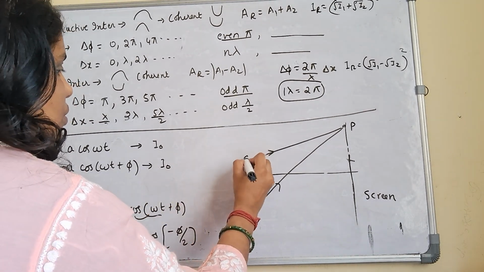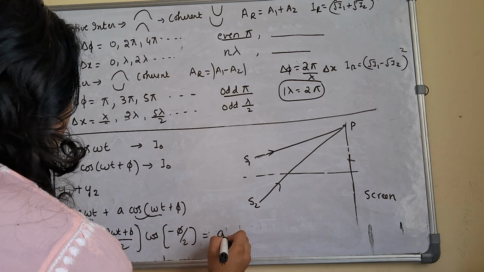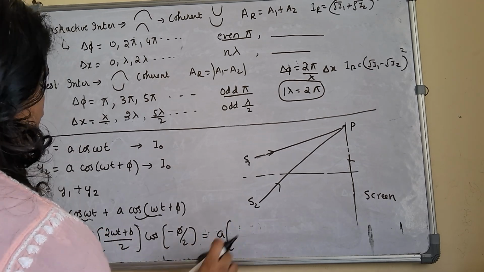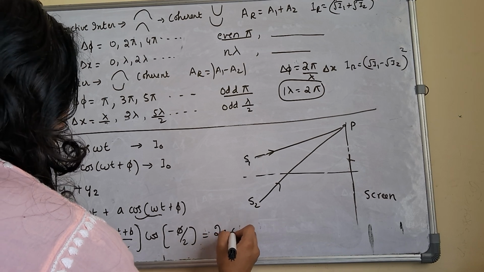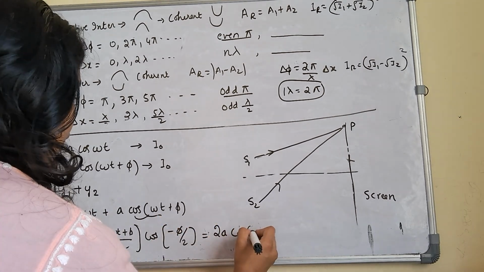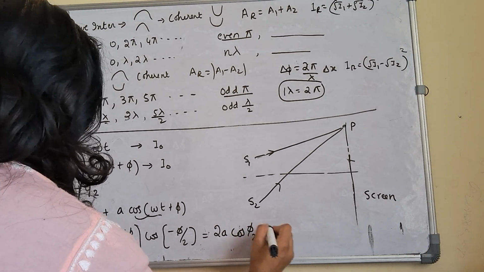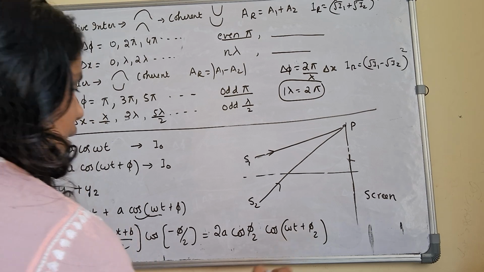Now I don't want to erase this, so let me write the summary here. Can I write it as 2A cos phi by 2, first? Cos of a negative angle is positive, and this will be cos of omega t plus phi by 2, correct?